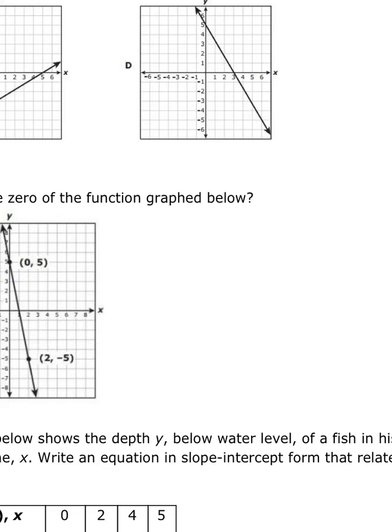Number 7 says, what is the 0 of the function graph below? What is a 0? The y-intercept is where you start. Yes. The 0 is the origin. All right, so not the origin. 0, 0 is your origin.